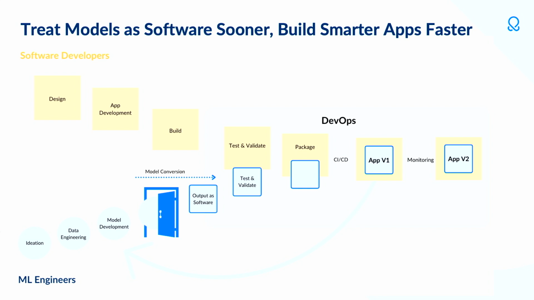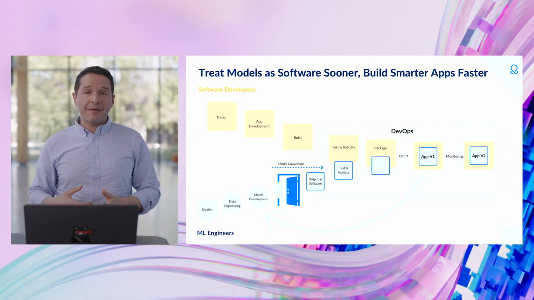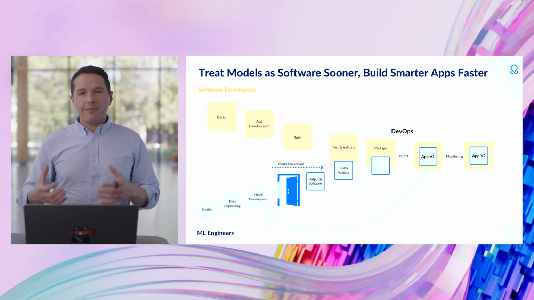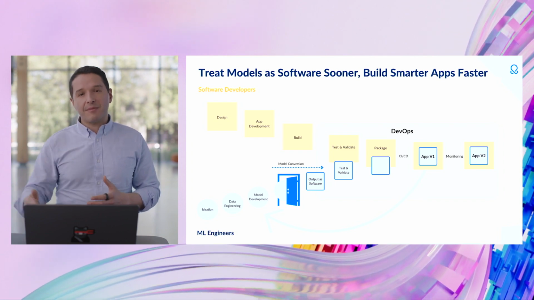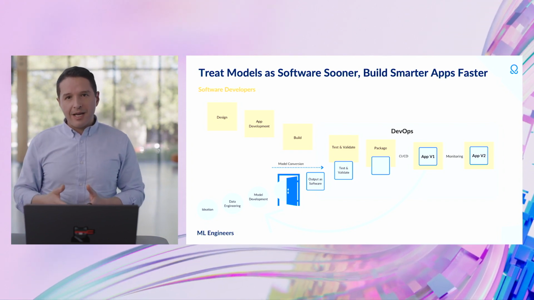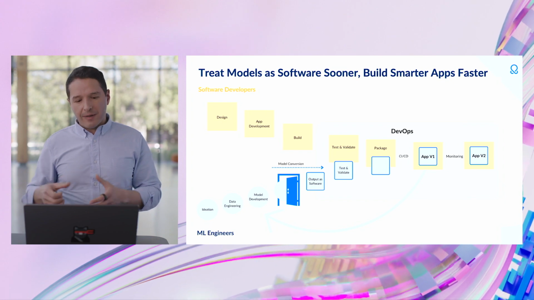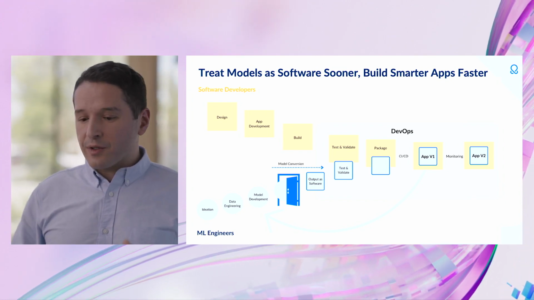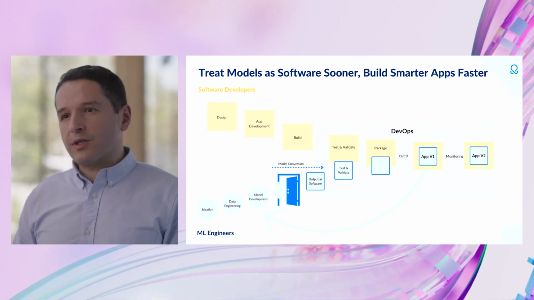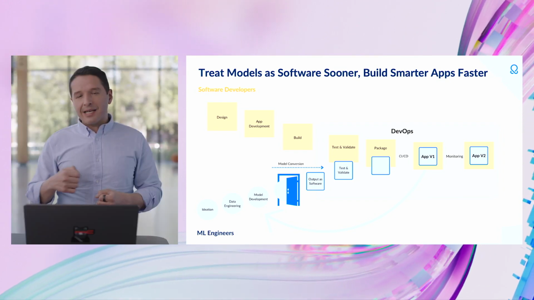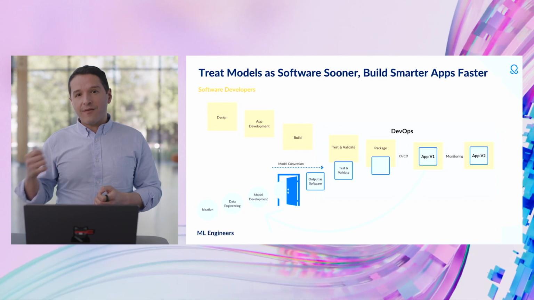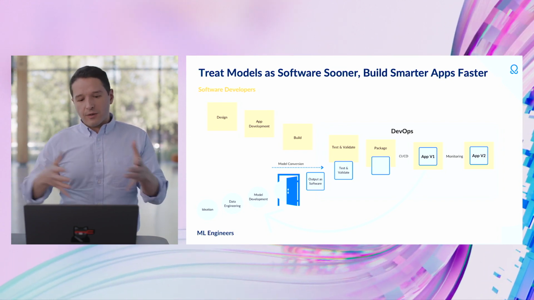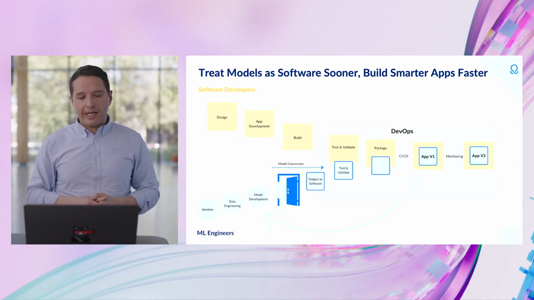So for example, with software developers, you can provide them quicker access to a prototype of the model that you're actually working on. They'll be able to work with that model, test something, even if it's an early version of the model, and be able to start building the app the right way. From the infrastructure point of view, these folks are also going to be able to understand what the resource requirements of this model are so that they can very quickly advise if the model is or is not going to be able to run in the targets or the hardware that you intend to run the actual model.